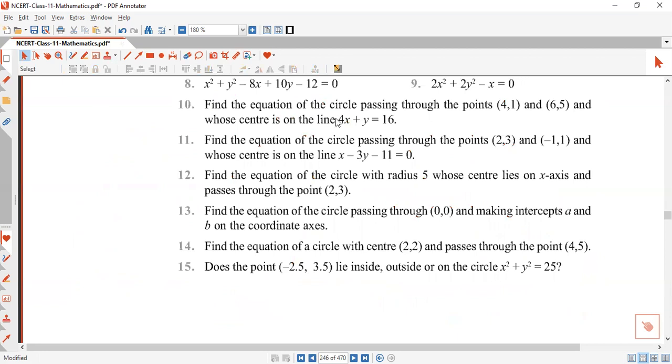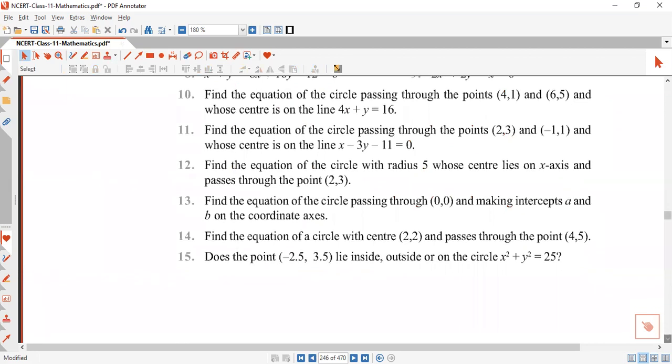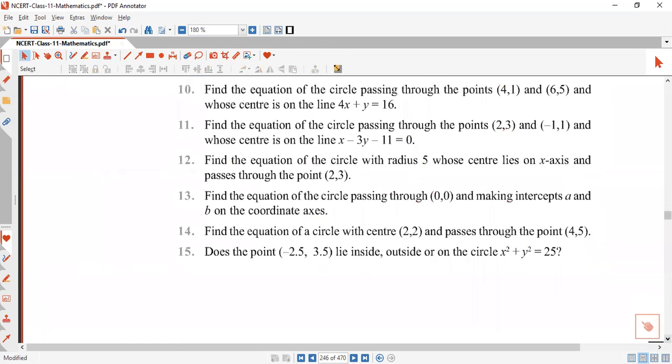Now, I would like to do question number 10. Question number 10 says, find the equation of the circle passing through the points 4, 1 and 6, 5 and whose center is on the line 4x plus y equal to 16.